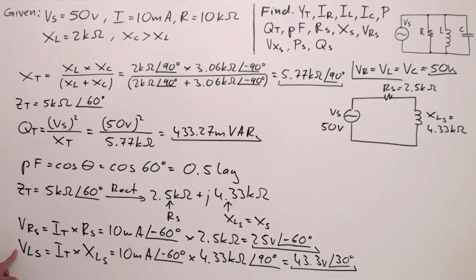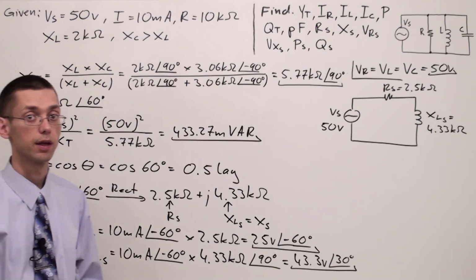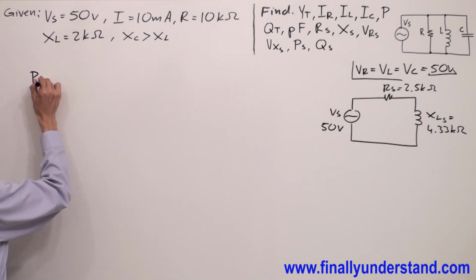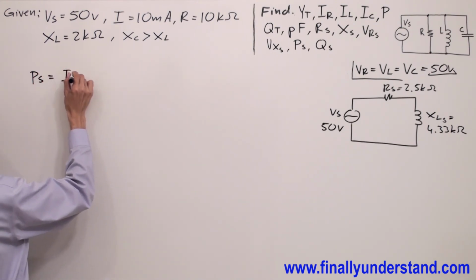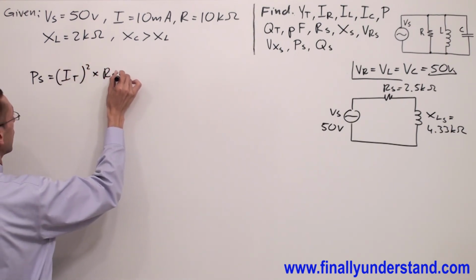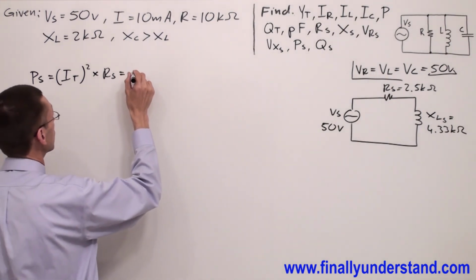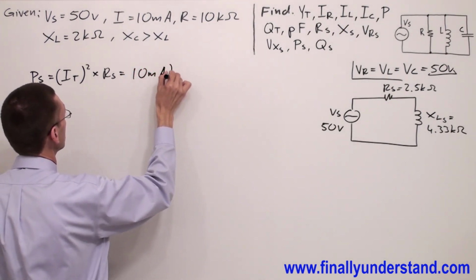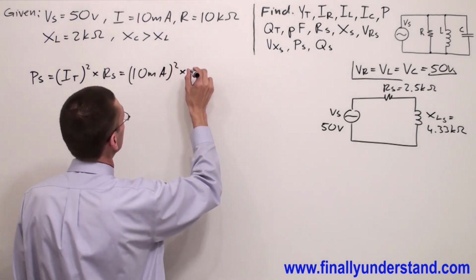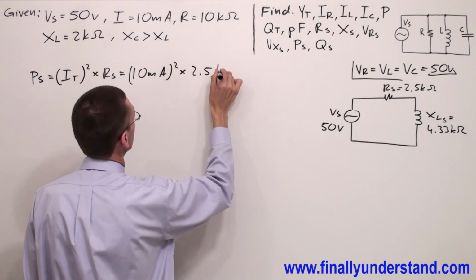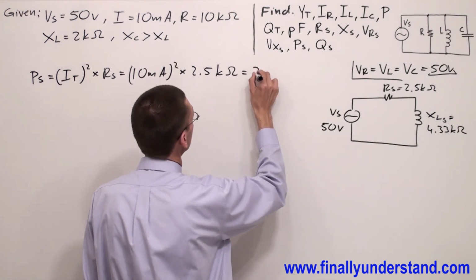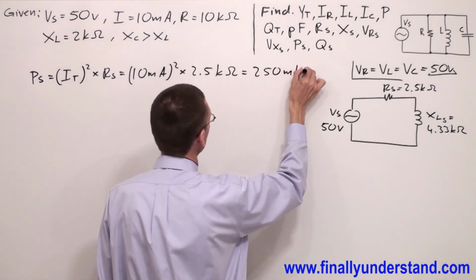Next we're supposed to find the true power and reactive power. True power in the series equivalent circuit, P S, is equal to I total raised to the second power times R S. So we have I total, 10 milliamps, raised to the second power times R S, which is 2.5 kiloohms, equal to 250 milliwatts.